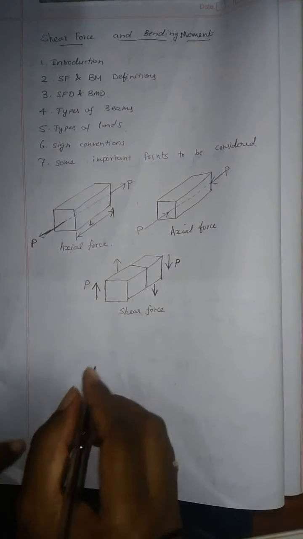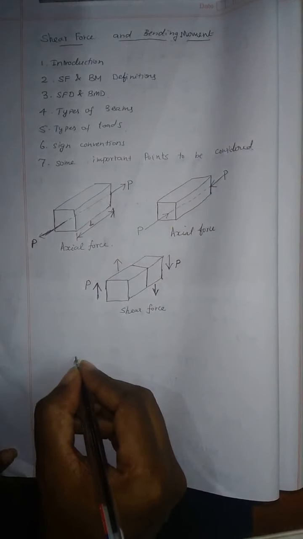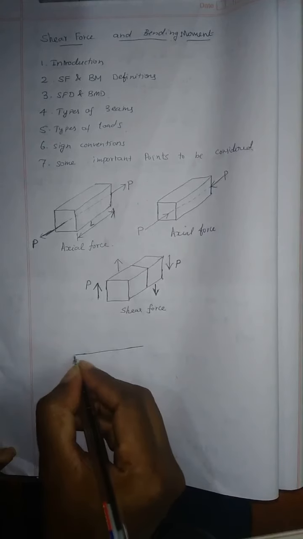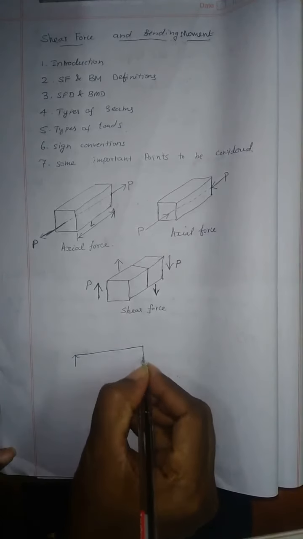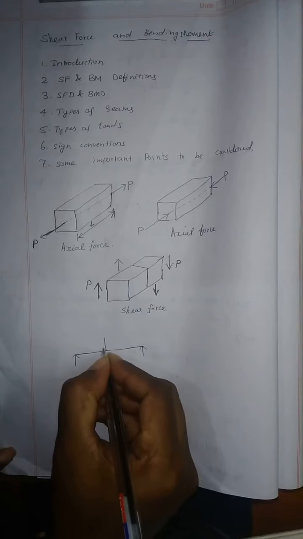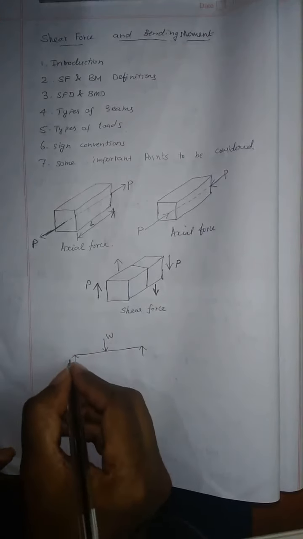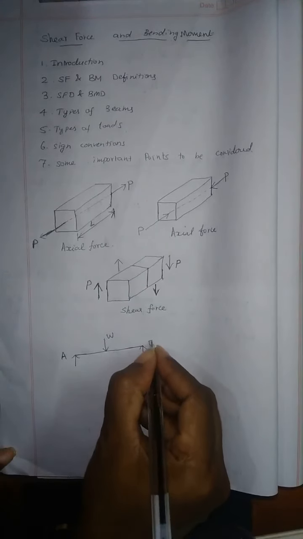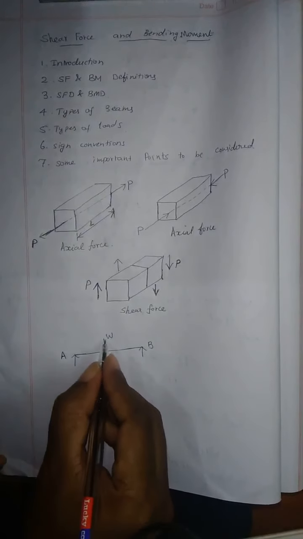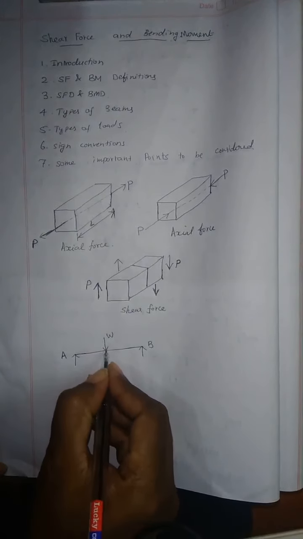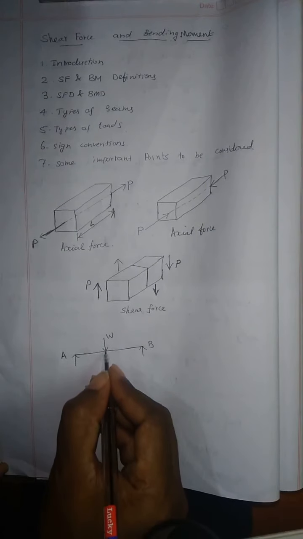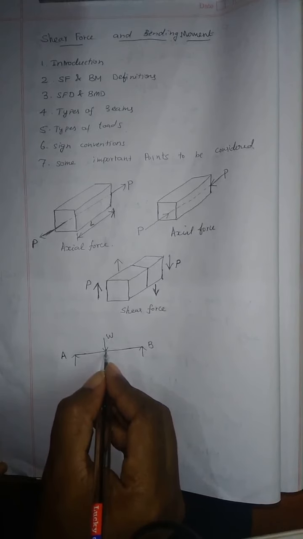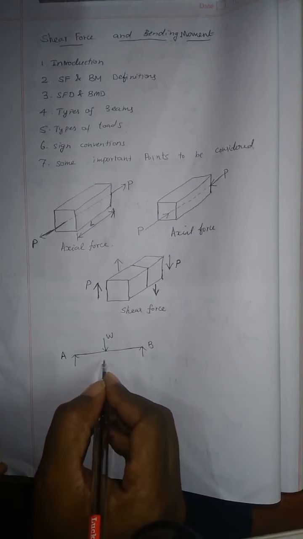With this understanding, we'll move on to this beam. Simply we'll take a beam simply supported and having a load W. Let us take the beam's ends as A and B. Now because of this action of this W, this beam will break at this point. So the force which is making this beam to fail is known as shear force.